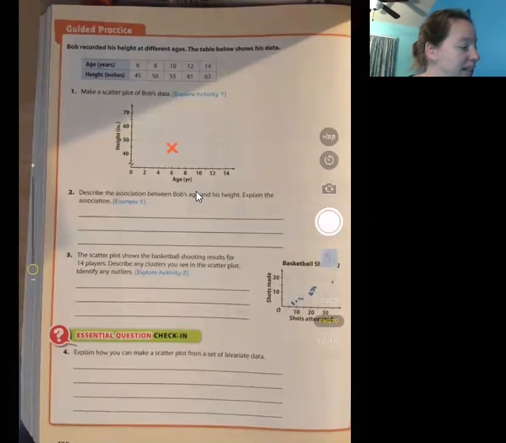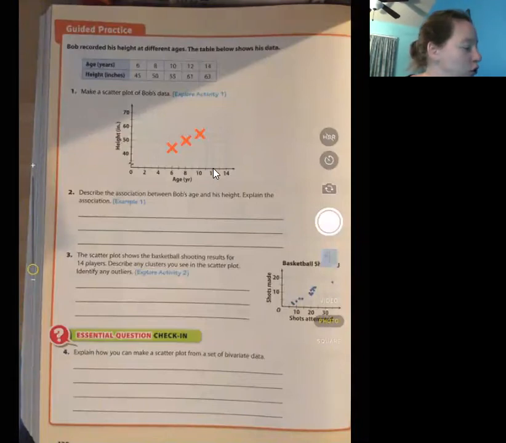Second one, it says that he is 8 years old. He was 50 inches. So I go over to the 8 years old, and then I go up to the 50 inches and put another mark. At 10 years old, he was 55 inches. I go over to the 10, I go up to the 55, which is between the 50 and the 60, and put another mark.